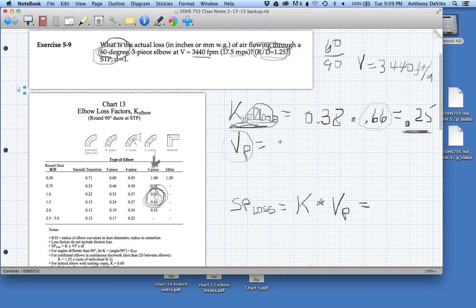So my velocity pressure is going to be 3440 over 4,005 squared, right? My V over 4,005 squared.